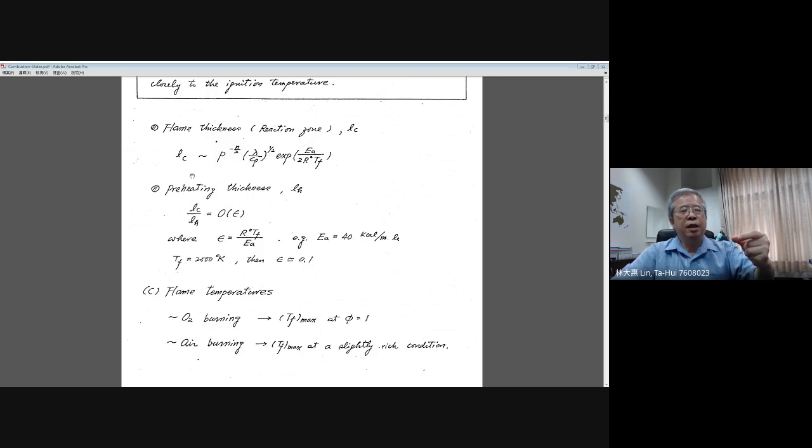That means they need a larger region to complete the chemical reaction because the collision rate of molecules is less. And here, lambda divided by Cp represents thermal diffusivity. Thermal diffusivity comes from the temperature profile of your premixed flame.